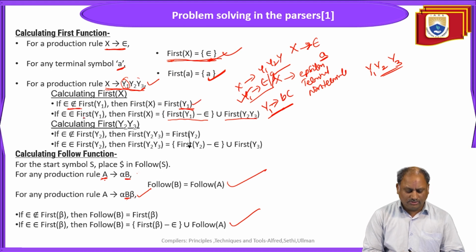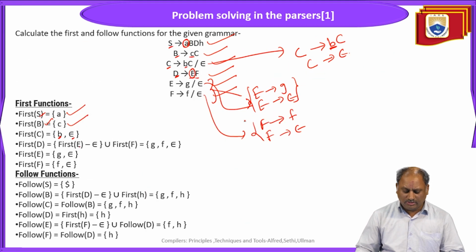Whereas if it includes epsilon, then we apply first of this excluding epsilon, union followed by that one. So first of E minus epsilon, followed by first of F.